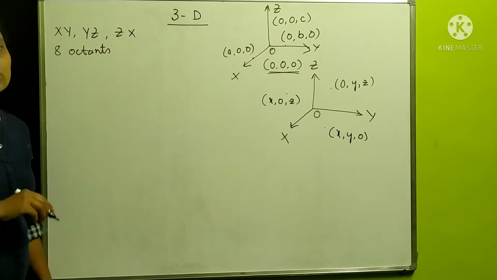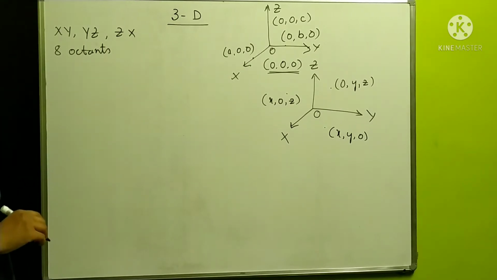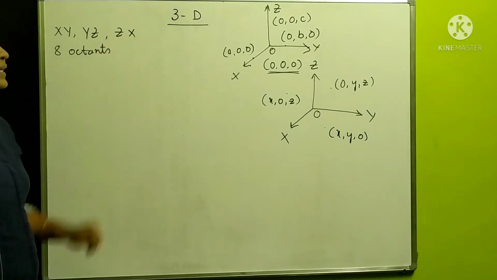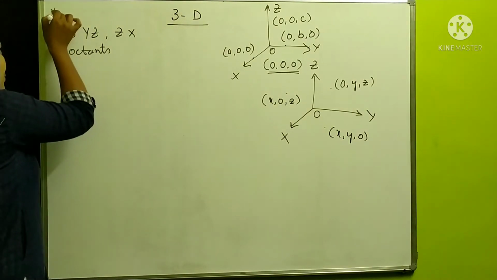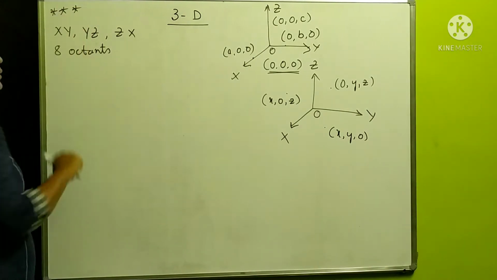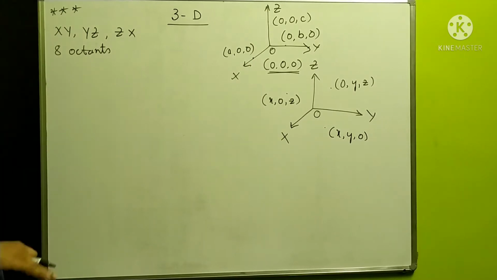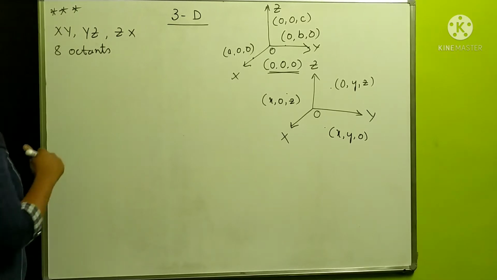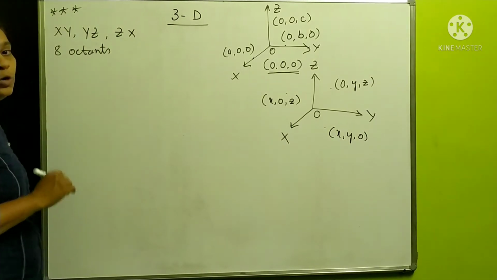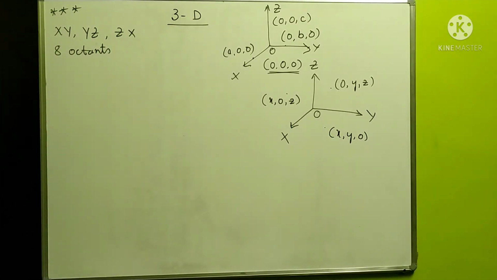In 2D geometry, you learn that the X-axis and Y-axis divide the rectangular system into 4 quadrants: first, second, third, fourth quadrant. Similarly, these three planes divide the space into 8 octants. This is very important. They will give you a point and ask in which octant the point lies. Let me tell you how the coordinates will be in each octant.